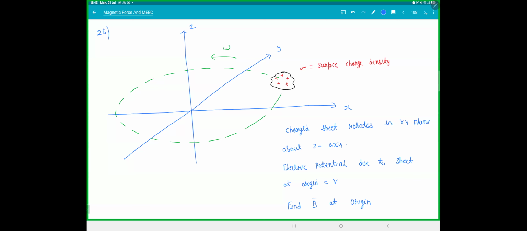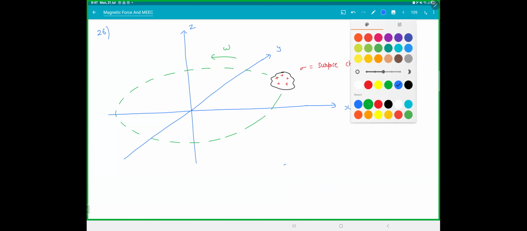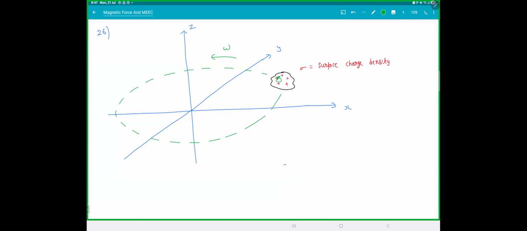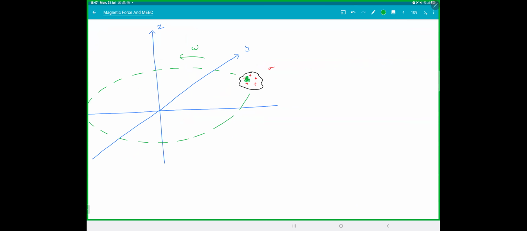How do we proceed with this? Consider some random piece here, dq. We know how to find dq.